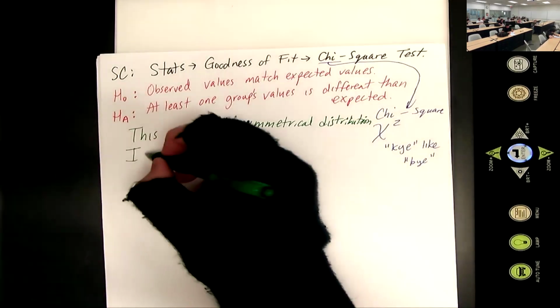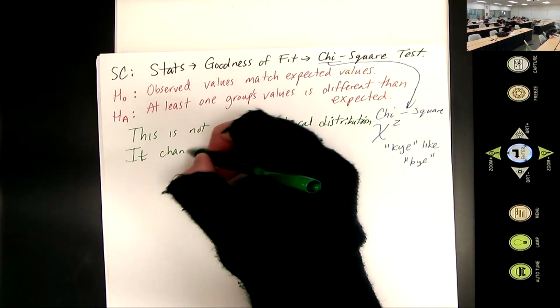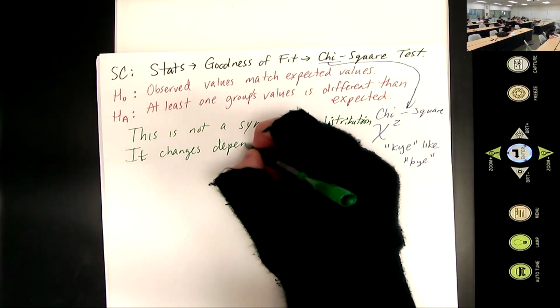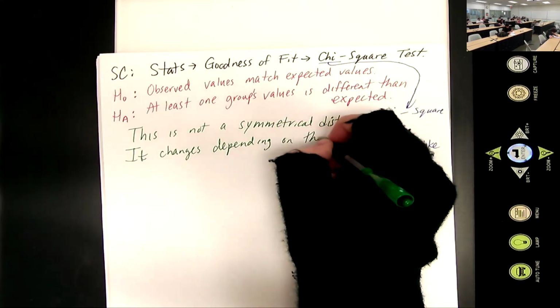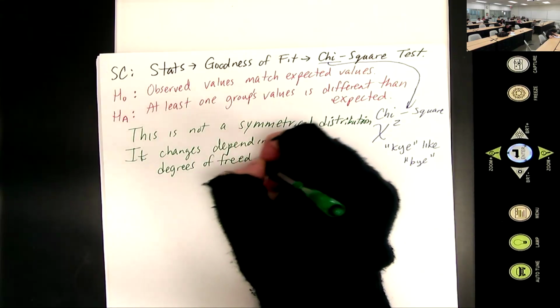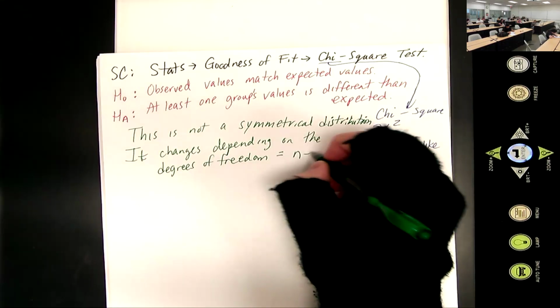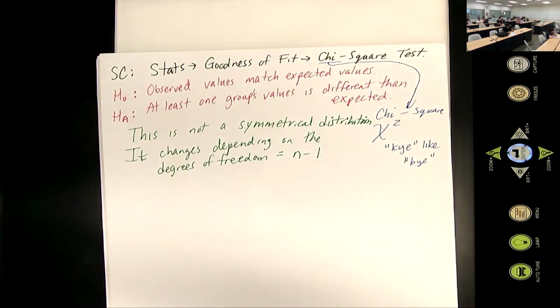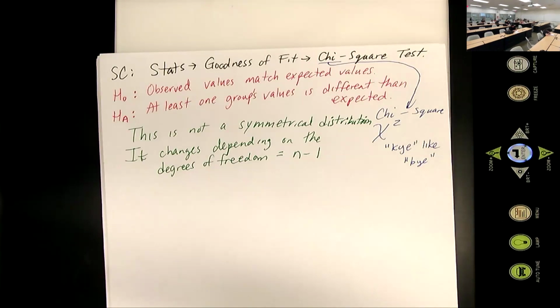It changes depending on the degrees of freedom, which is n-1. You're not expected to know what the graph looks like. It just doesn't look like a bell. Or at least it looks like a skewed graph. I wanna say it's skewed right every time, but I'm not confident in that.